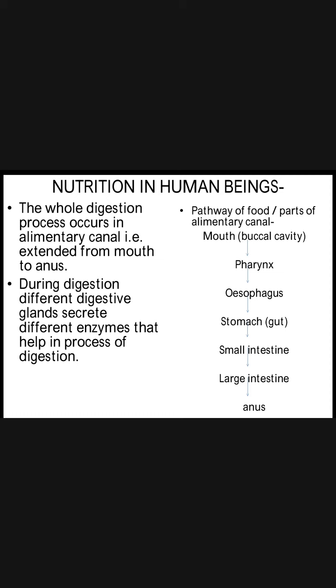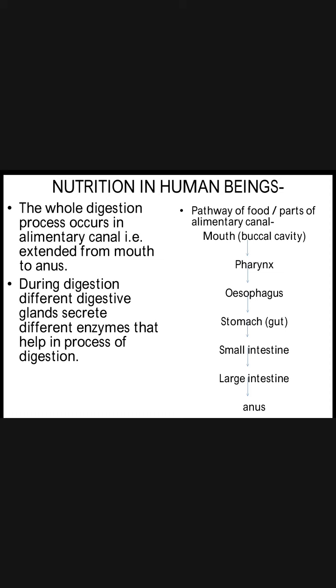Next it goes to pharynx, then esophagus, that is the food pipe. Next is stomach or gut. Next small intestine, then large intestine, and lastly through the anus it is removed out. So the whole alimentary canal extends from the mouth to the anus.